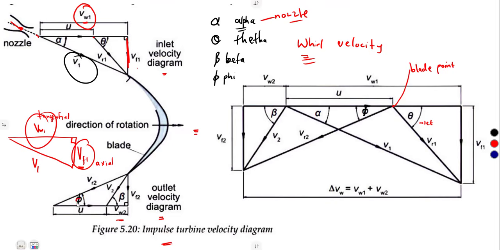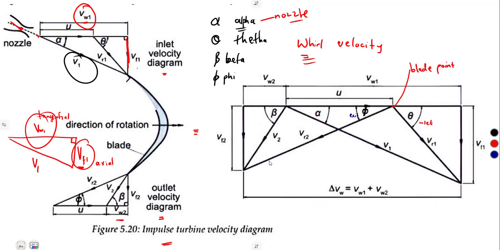This angle phi here is the exit. Remember, it strikes the blade at the inlet, then exits as VR2 at the blade exit, which is our phi.